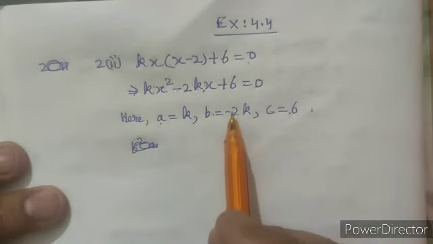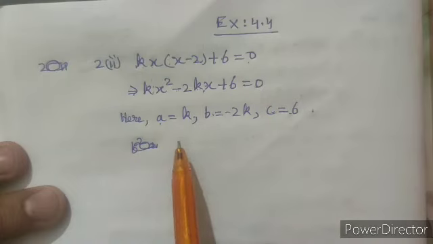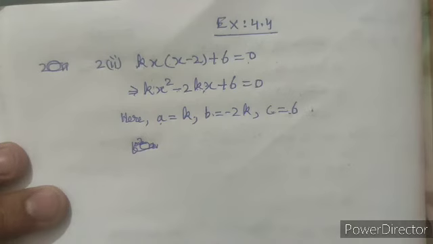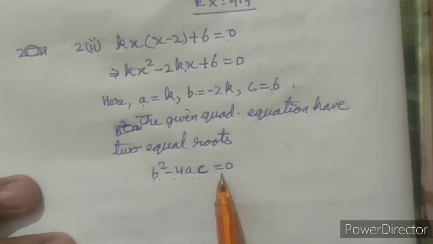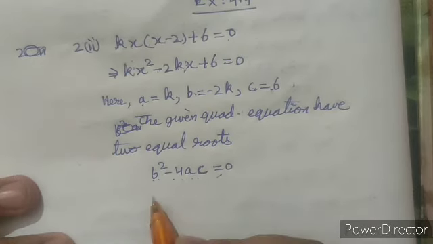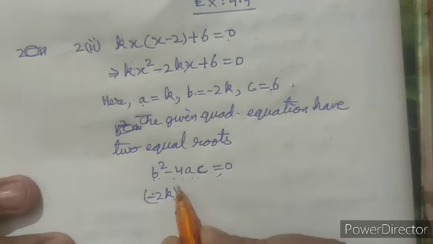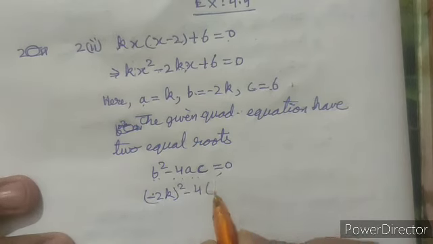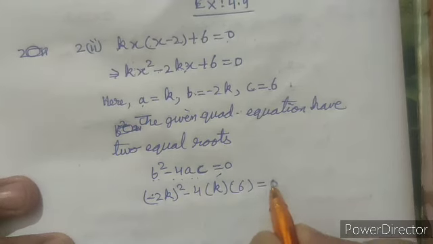Now here he is saying that the given quadratic equation have two equal roots. That means the value of discriminant will be equal to 0. Or you can say b square minus 4ac will be equal to 0. Now b here was minus 2k, b square minus 4 into a, value of a was k, into c, 6 equal to 0.